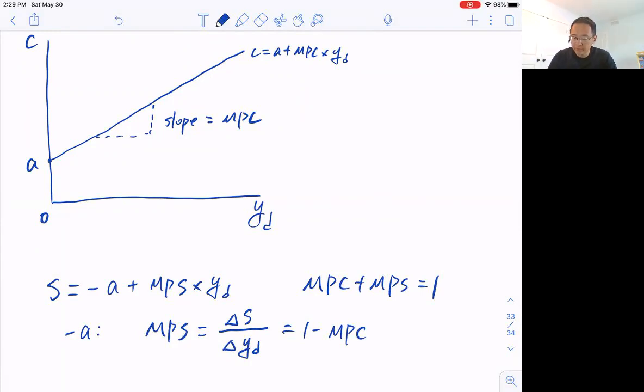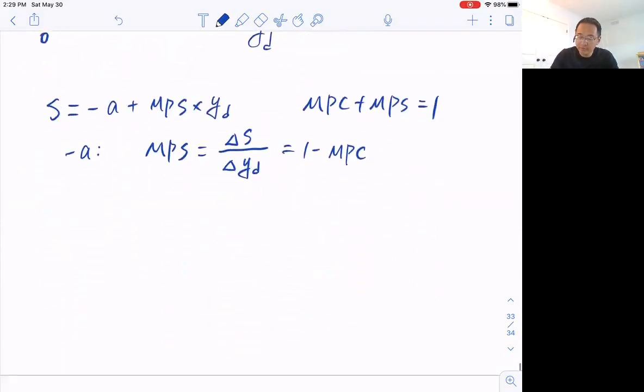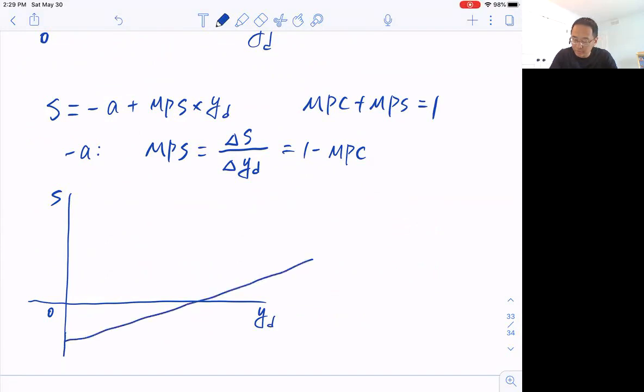So that means you also have a savings function. You have savings here, 0 here, disposable income here. It's going to look something like this, where your slope here is MPS, the proportion you save out of your disposable income.